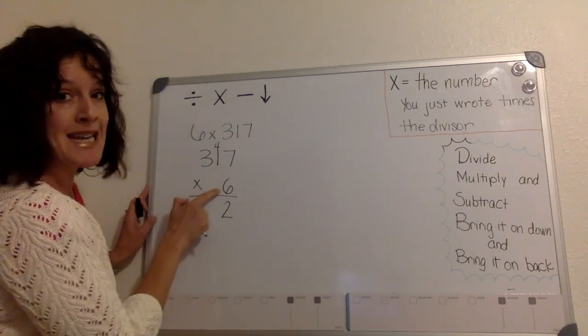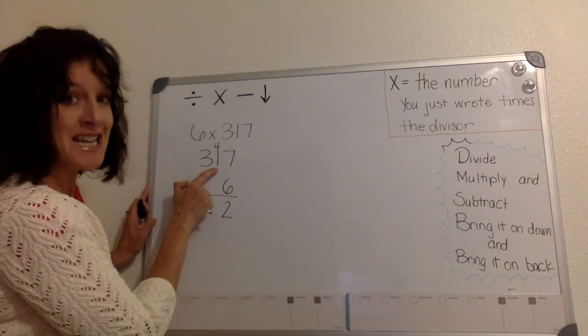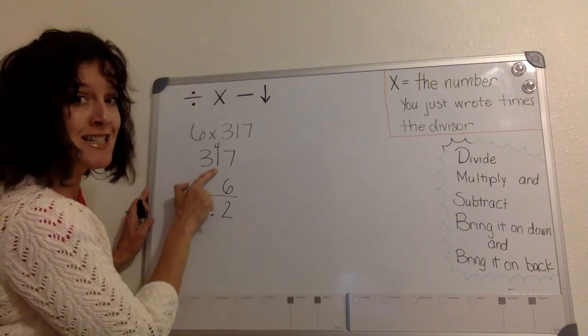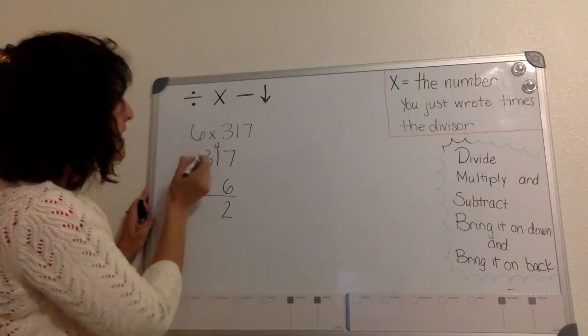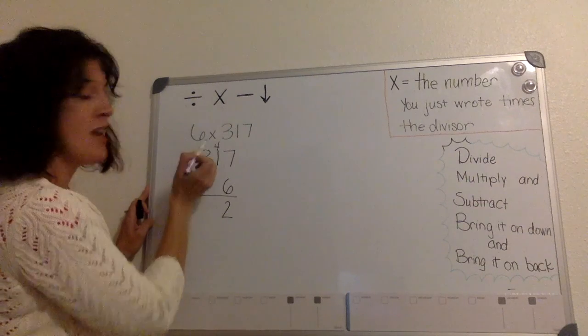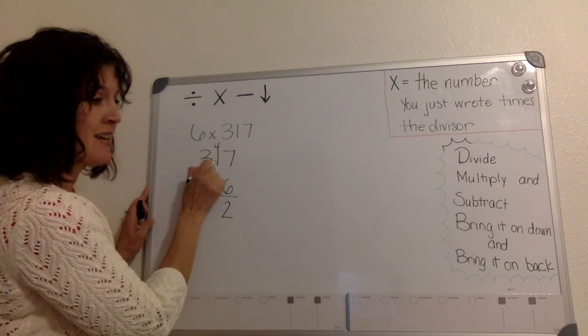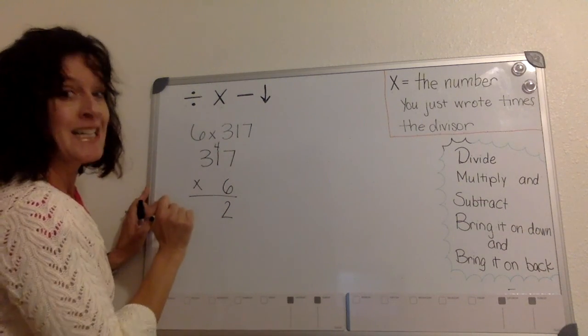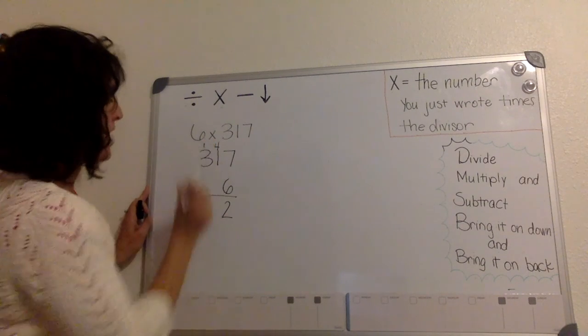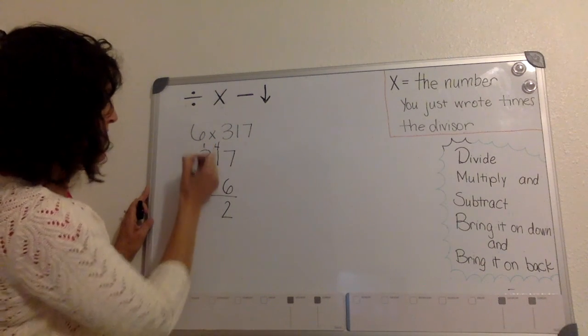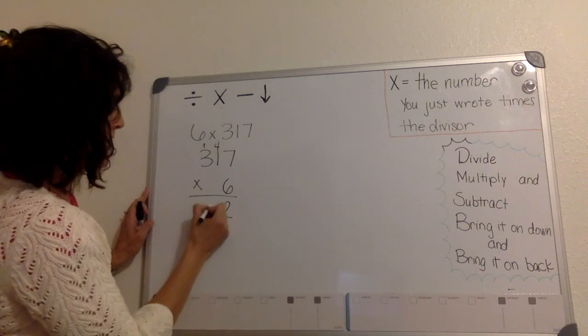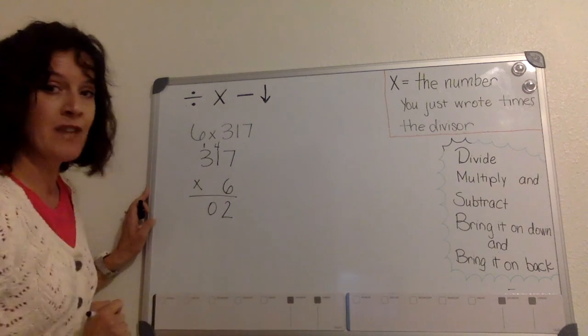Now let's multiply that 6 by the tens column. So 6 times 1 is 6 plus 4 is 10. We don't have enough room for my 2-digit number down there, so I'm going to put my 1 up there and my 0 right down there.